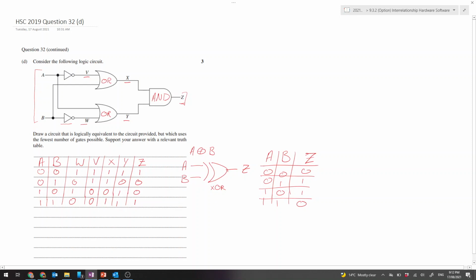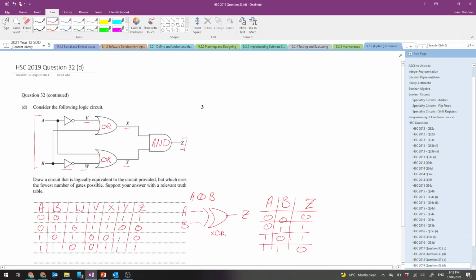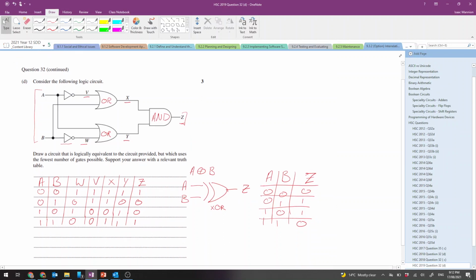One or the other, but not both. Now if we compare these truth tables, if we look at the first line, we've got a 1, we've got a 0. Second line, we've got a 0, we've got a 1, 0, we've got a 1, a 1, we've got a 0.